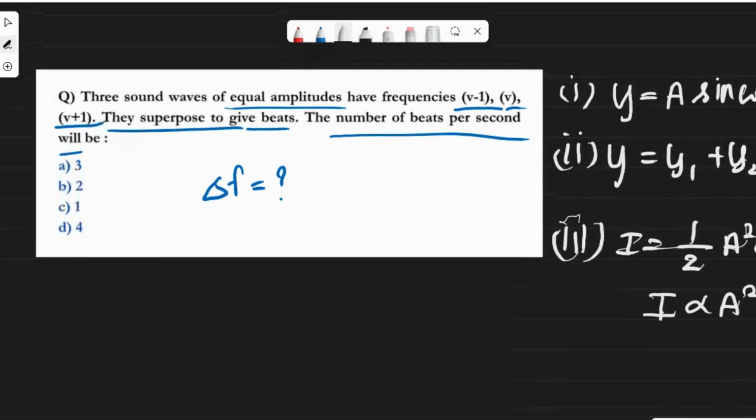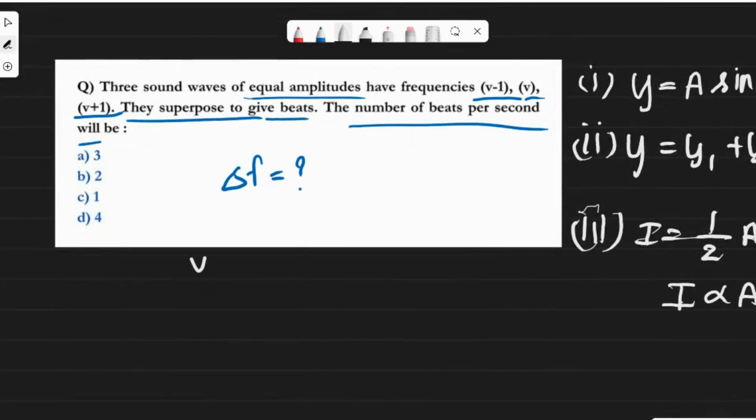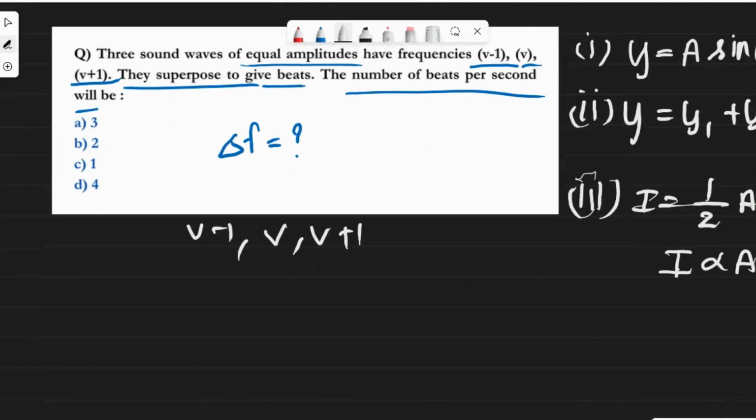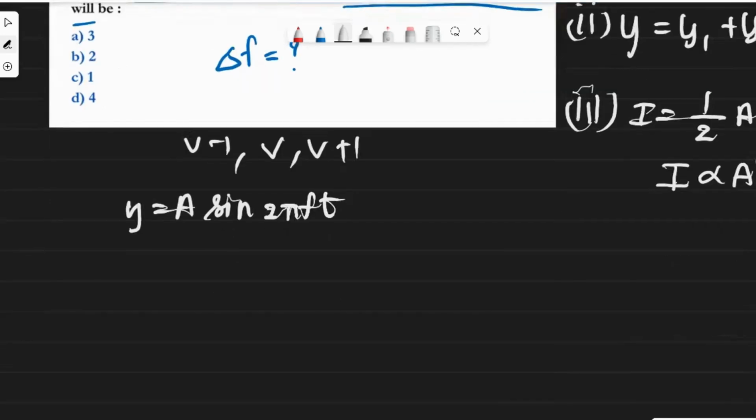So we have frequencies v minus 1, v and v plus 1. The equations of the sound waves: y is equal to a sine omega t, where omega will be equal to 2 pi f, and the frequencies they have given us.